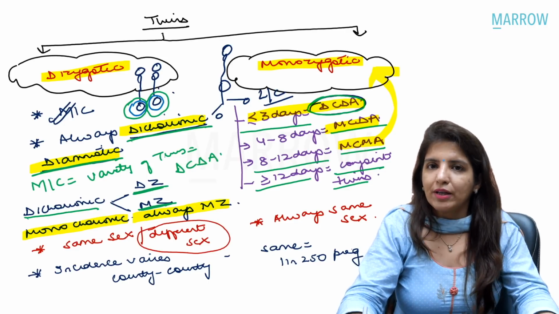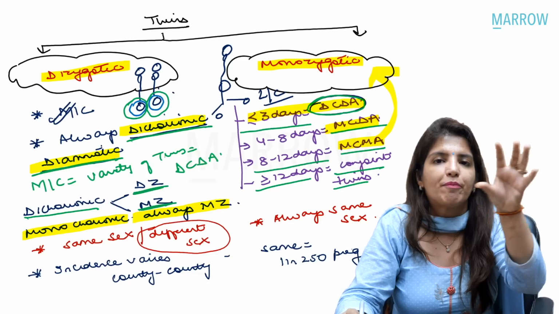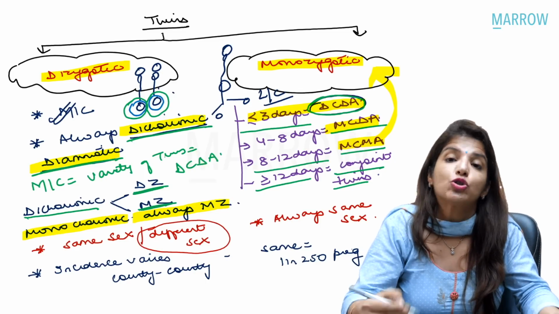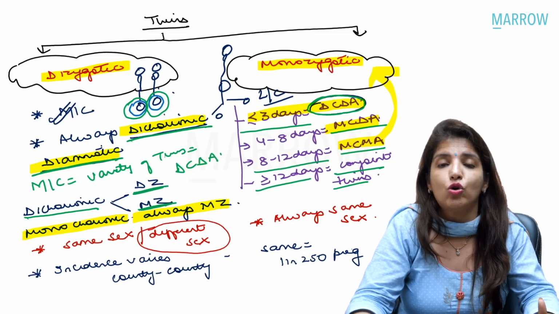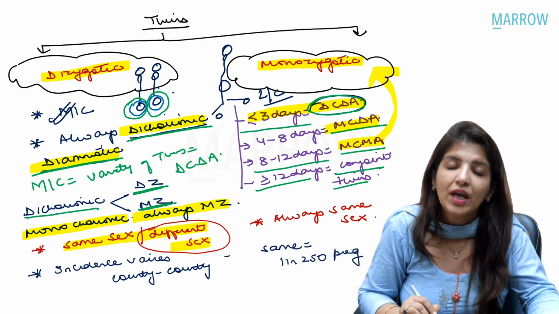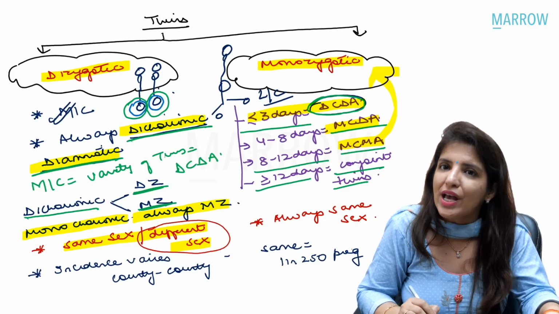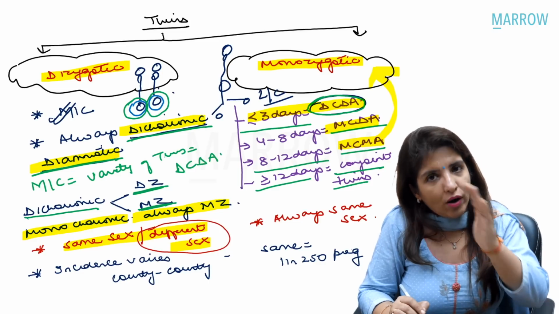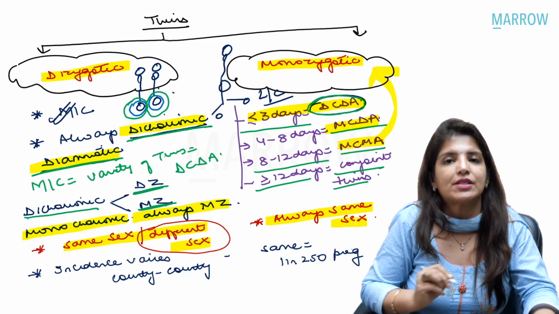Now, in dizygotic twins there are 2 different ova which are being fertilized by 2 sperms. So, 2 different zygotes are formed. Now, it could be that both these zygotes have the same sex, or it could be that they have different sex. In case of monozygotic twins, it's a single zygote which is dividing into 2. So, monozygotic twins will always have the same sex.